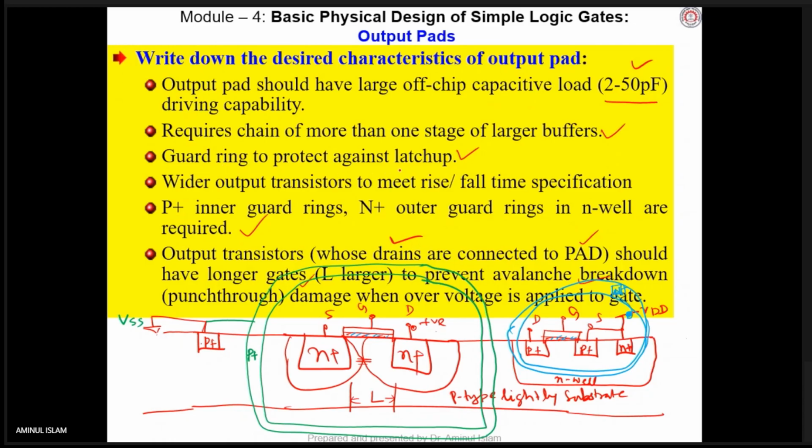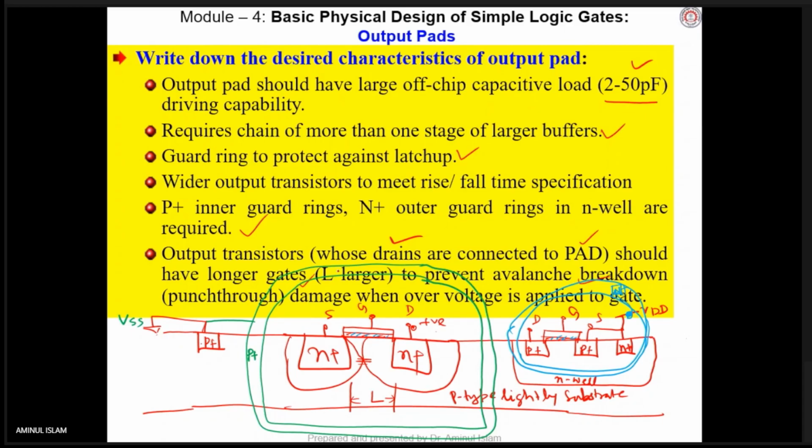Guard rings to protect against latch-up. We have understood what latch-up is, so guard rings are required to prevent latch-up. Maybe a double guard ring also. Wider output transistors to meet rise and fall time specifications. P-plus inner guard rings and N-plus outer guard rings in an N-well are required.